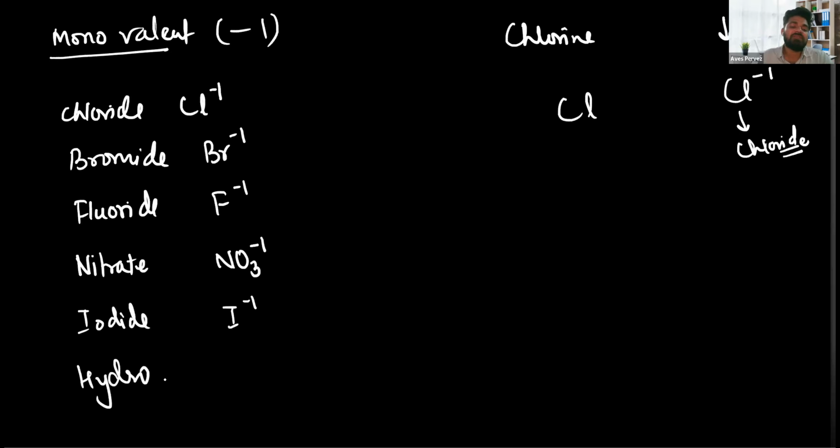Hydrogen has two valencies: when it is hydride, it shows -1, and when it is hydrogen, it shows +1. So hydride is H -1. Fluoride, chloride, bromide, iodide, nitrate. Nitrite is NO2 -1.